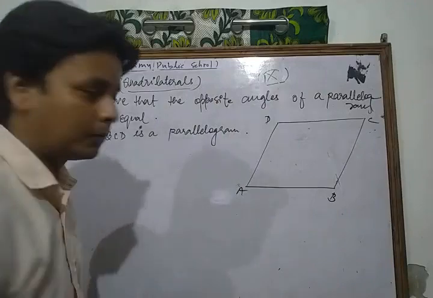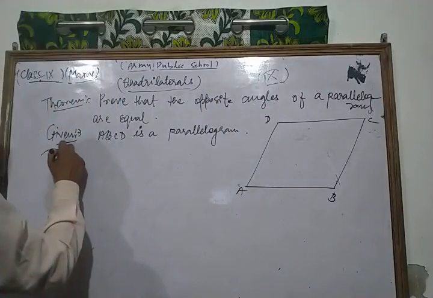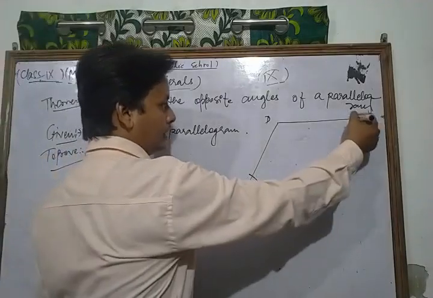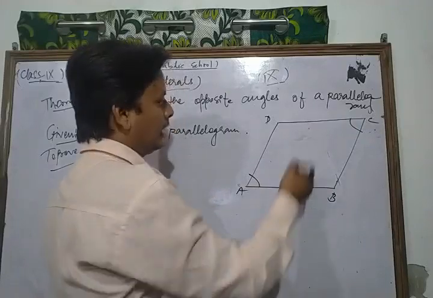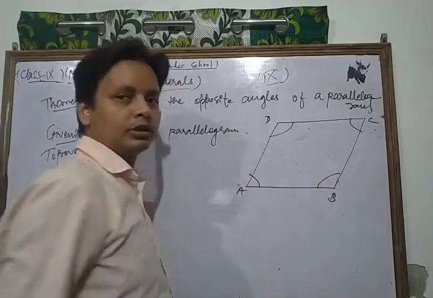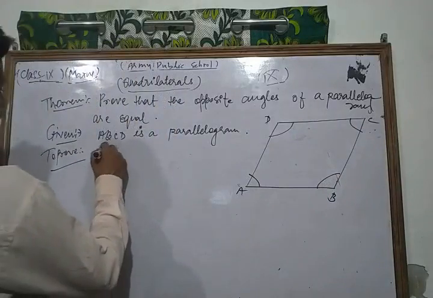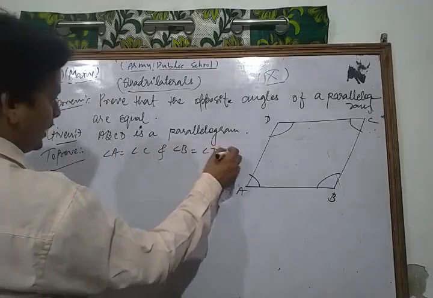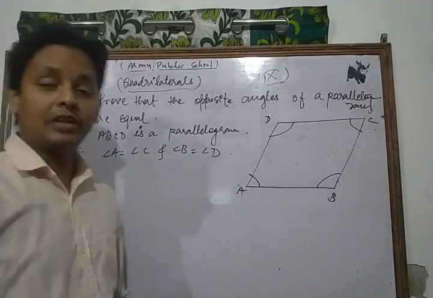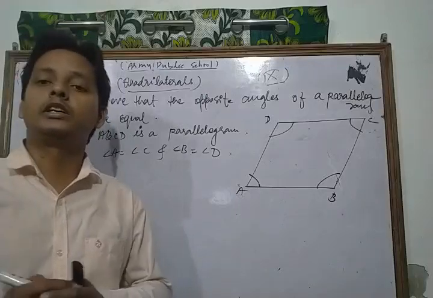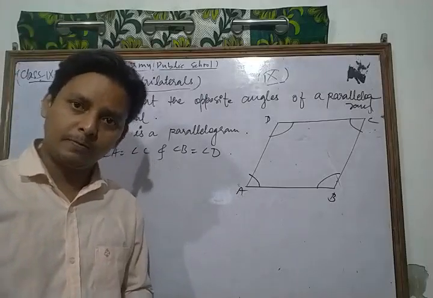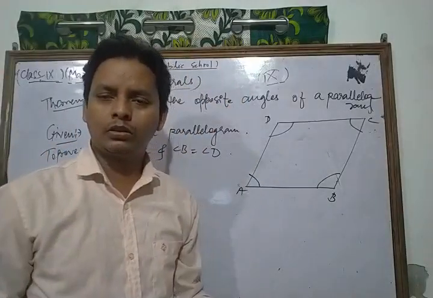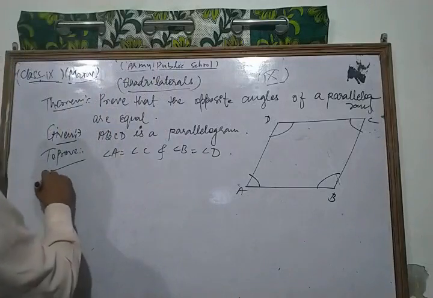To prove, we have to show that opposite angles are equal, meaning angle A is equal to angle C, and angle B is equal to angle D. These are the opposite angles, and we have to show that opposite angles are equal to each other. Now, we know there is no construction in this figure, so we don't write the construction, we just write the proof.